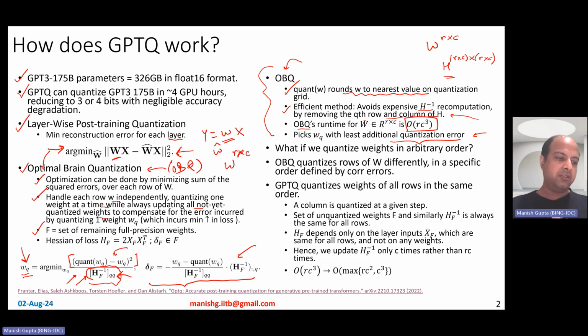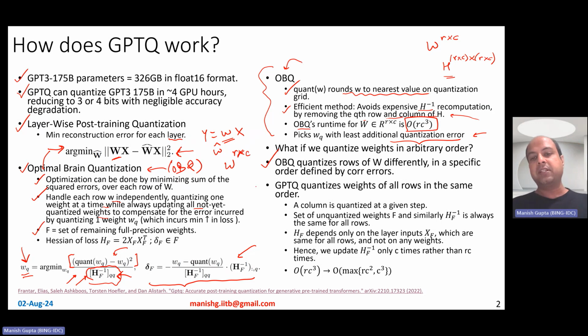Remember, there are many row-wise optimization problems to be solved, and OBQ quantizes rows of W differently. In the first row, it could quantize, let's say, the 10th weight, then the first weight, then the 100th weight, and so on.